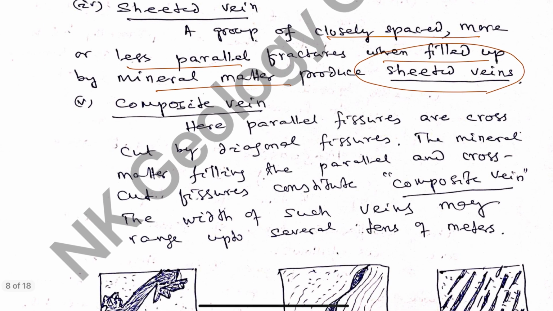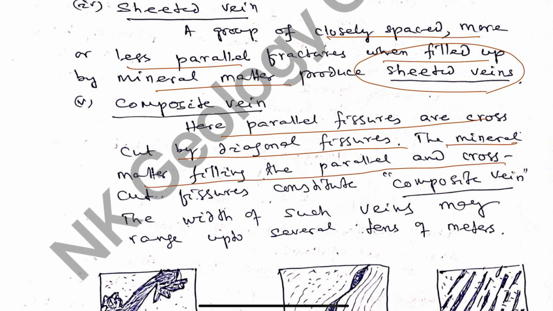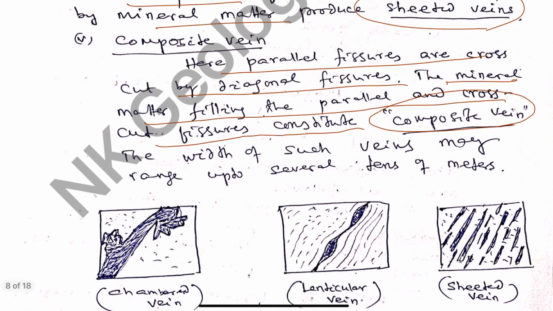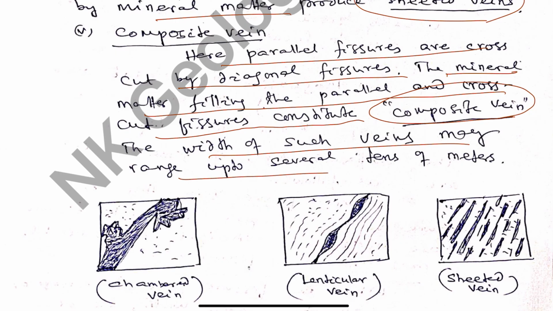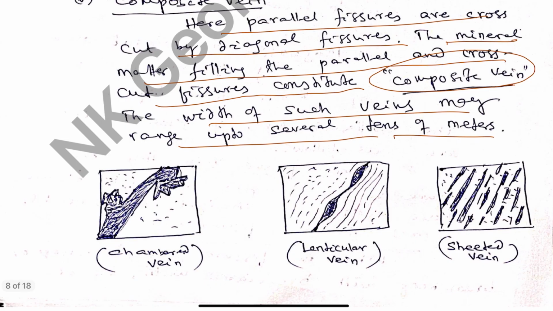Similarly, where the parallel fissures are cross-cut by diagonal fissures, the mineral matter filling these parallel and cross-cutting fissures constitutes composite vein. The width of such veins may range up to several tens of meters. So, based upon shape and size of the fissures, veins are described with different terms.